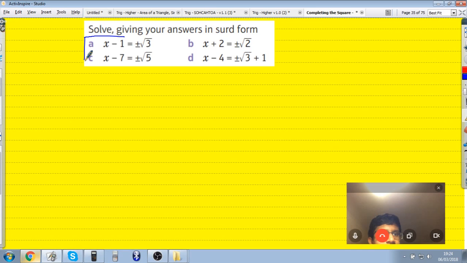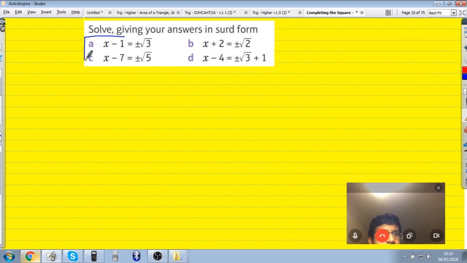These ones, I don't think it's any more difficult. How would you solve b by completing the square? Okay, so for b, we need that in ax² + bx + c form.